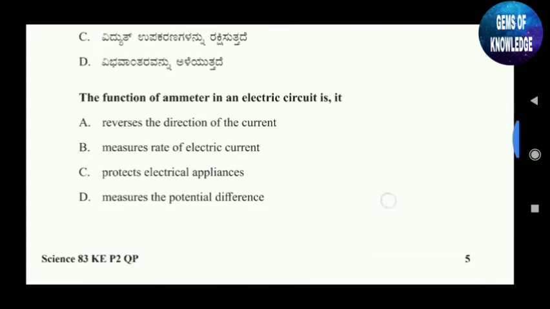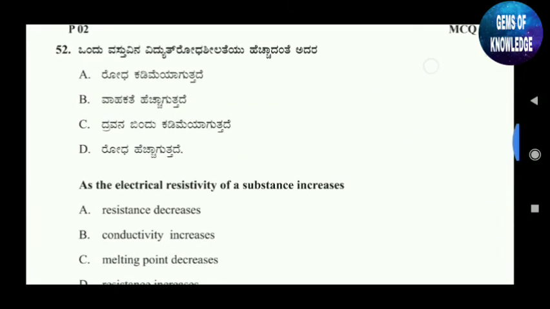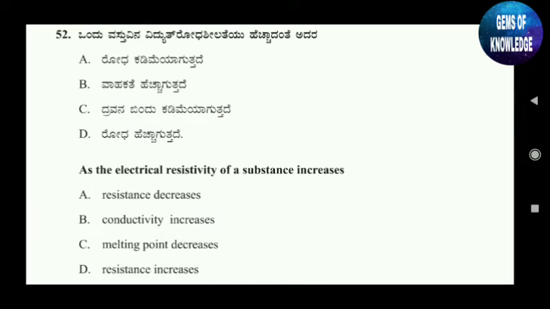Okay, moving to the next question: as the electrical resistivity of the substances increases, what happens? Electrical resistivity and resistance are similar cases only.